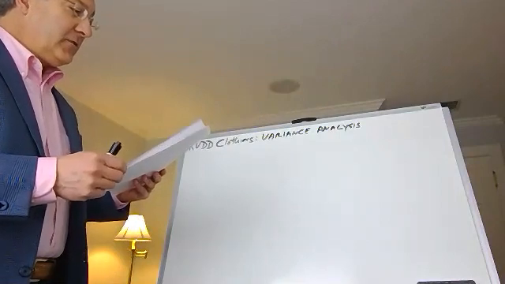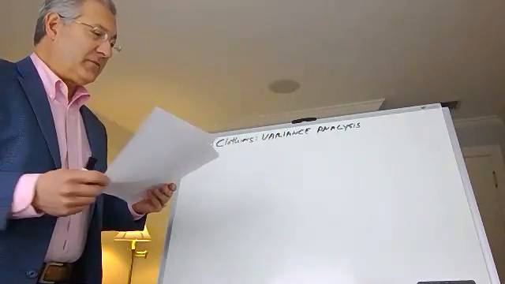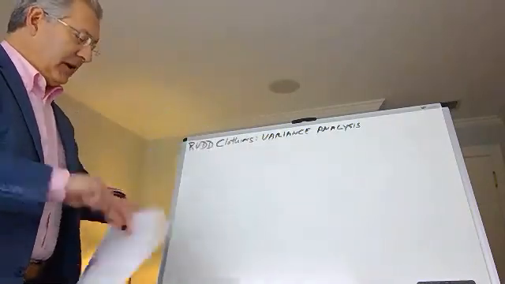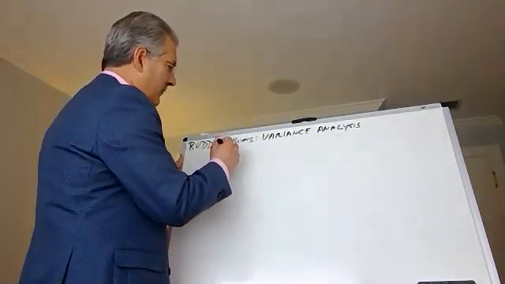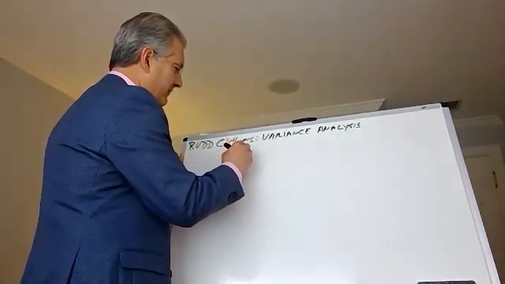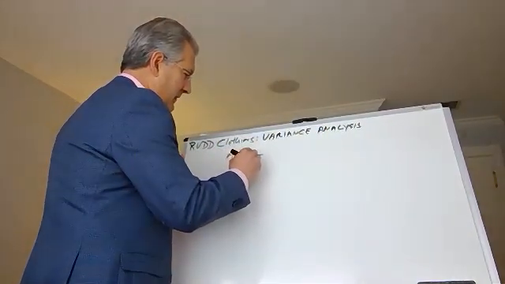So part one of this problem is asking you to do what? Calculate total price and quantity variances for materials and labor. And you know what we like to do. We have a format that we want to follow here. We have the actual information, which is AQ times AP.